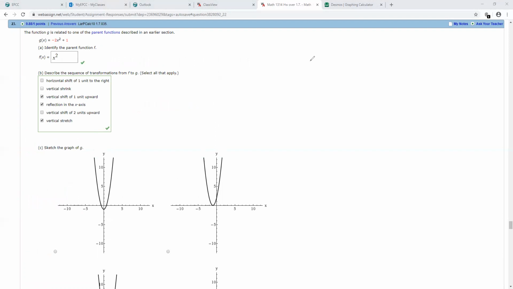And now let's do it without going to Desmos. And let's just try to imagine it. So we take the parent function.